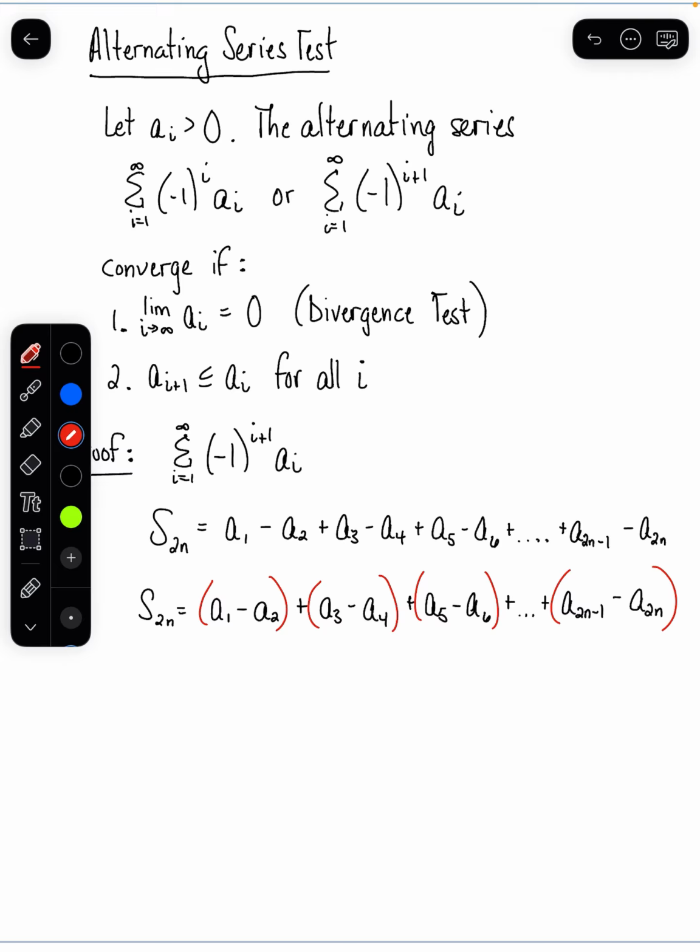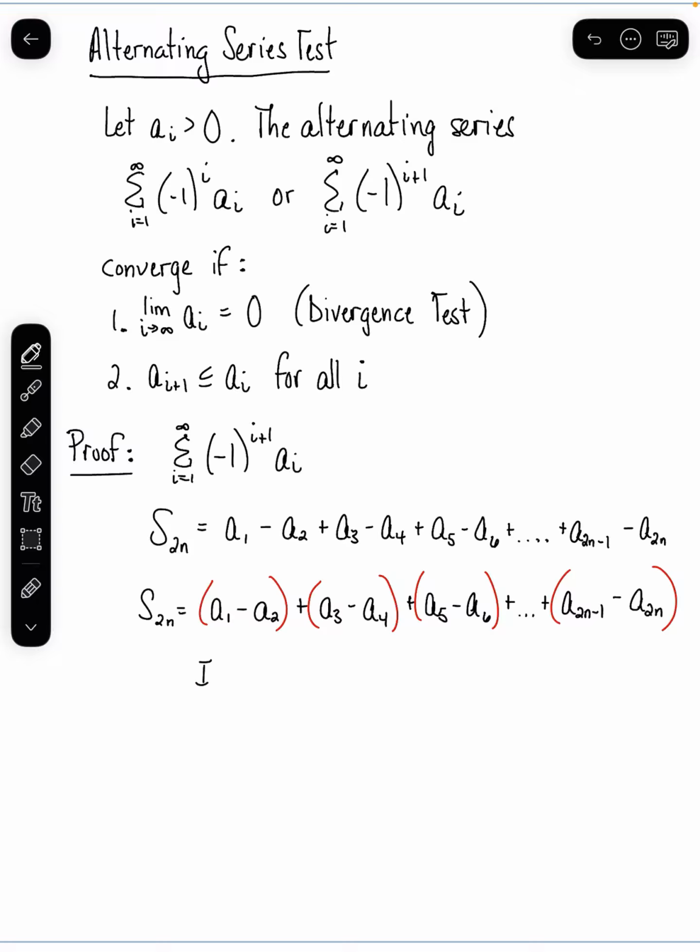Now, under the assumption that both conditions are met, that the terms are approaching 0 and that each new term is smaller than or equal to the one before it, that means that if a sub i plus 1 is less than or equal to a sub i for all i, then by subtracting a sub i plus 1 from both sides, we know that a sub i minus a sub i plus 1 has got to be positive.